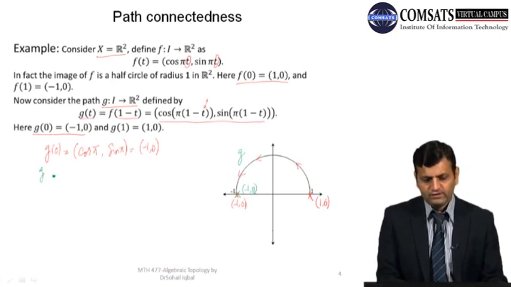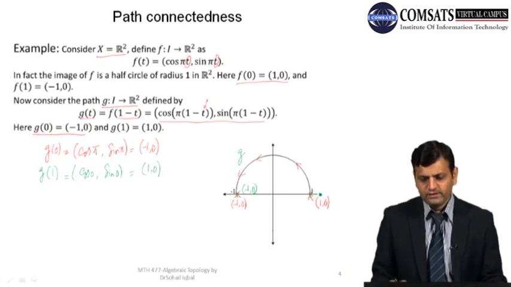Now let's see what is g of 1, that is the end point. For t is equal to 1, 1 minus 1 is 0, so we will get cosine 0 and sine 0, which is basically equal to (1, 0). So this point (1, 0) is the end point. So in other words, we are moving in this direction and we are approaching this point.